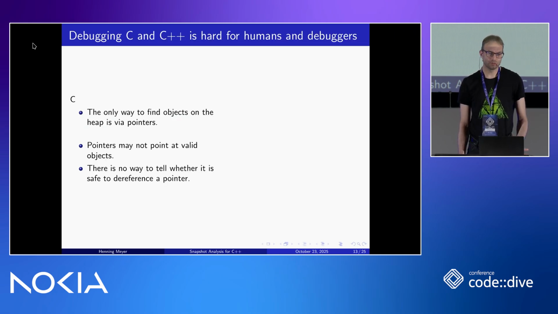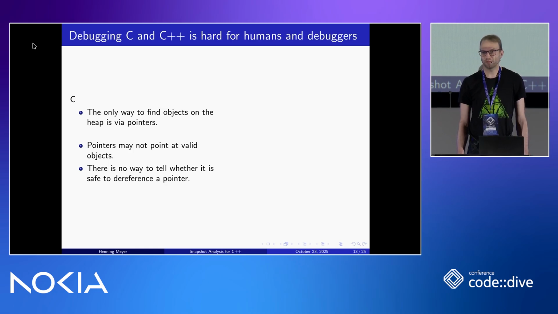And if we want to write a tool that finds objects that we have allocated that are contained inside containers, then we need to find objects on the heap. And the only way to find objects on the heap in a C program is to follow pointers.